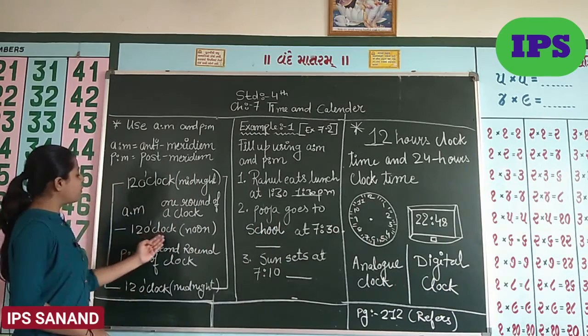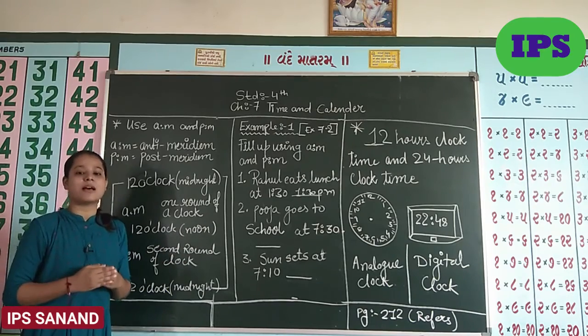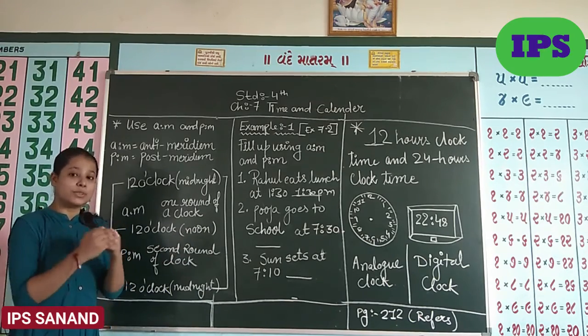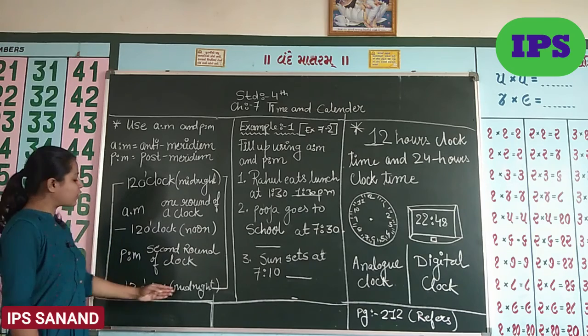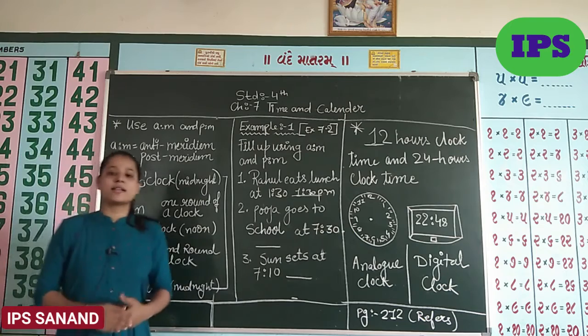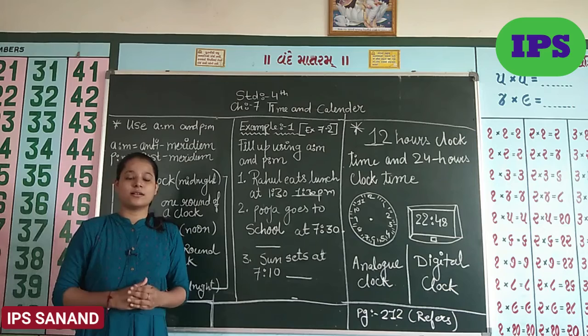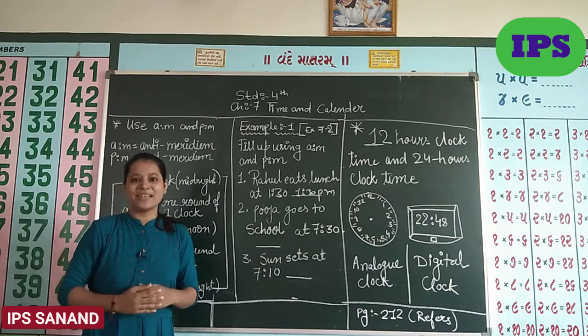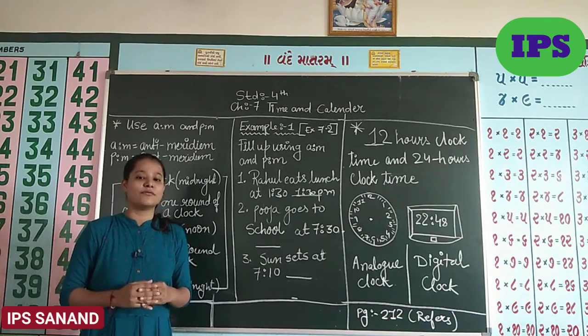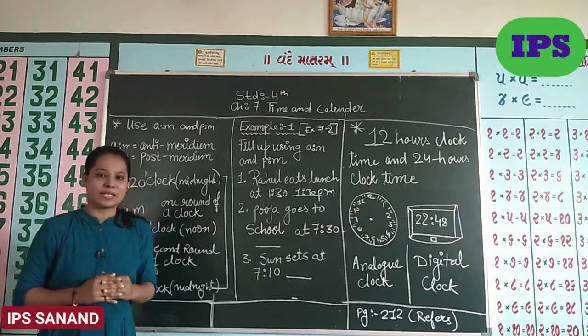Next, 12 o'clock of the noon. PM starts at 12 o'clock of the noon till 12 o'clock of the midnight. Suppose I say I go home from school at 1 PM, so 1 PM is my noon time.